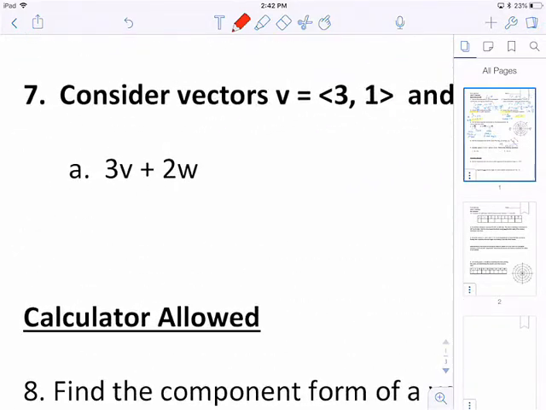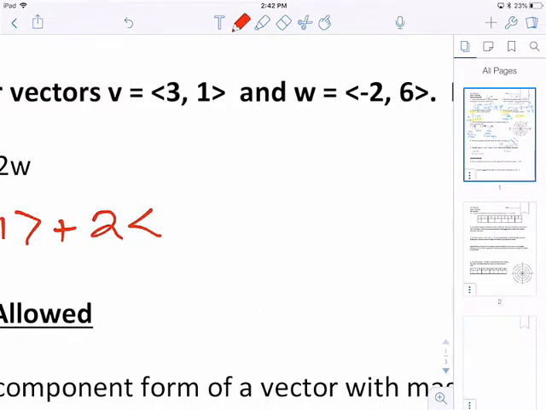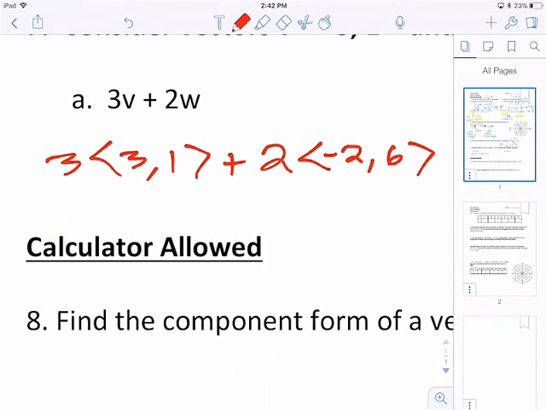And then there's some arithmetic. If you triple the vector V, you triple its components. And then if you double the vector W, then you get negative 2, 6. And then in the end, you're adding 2 vectors to each other. They're X to X and Y to Y. So that makes triple that's 9, and that's 3.